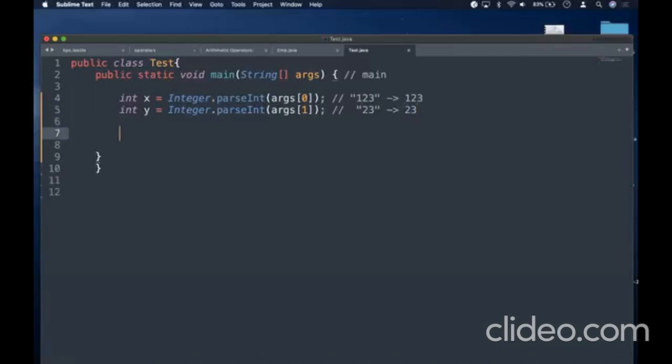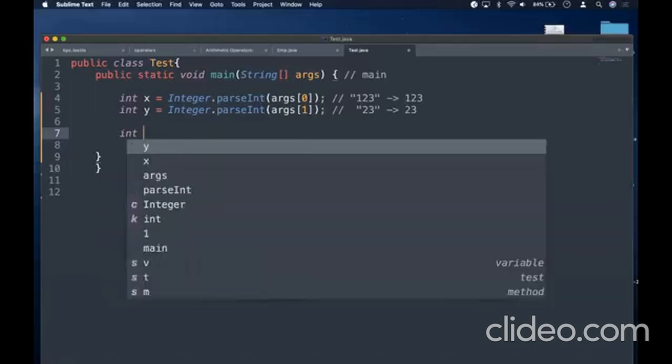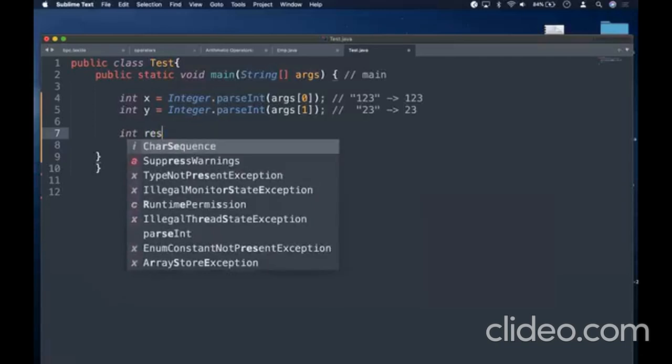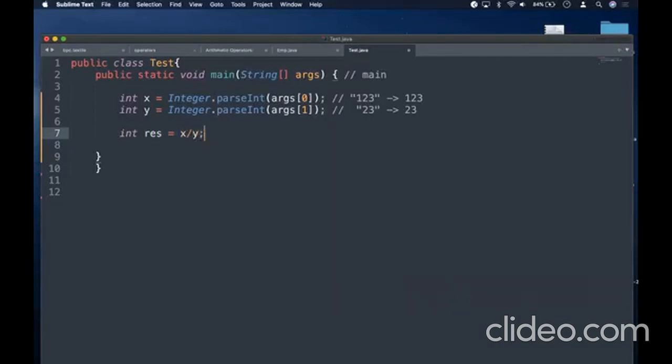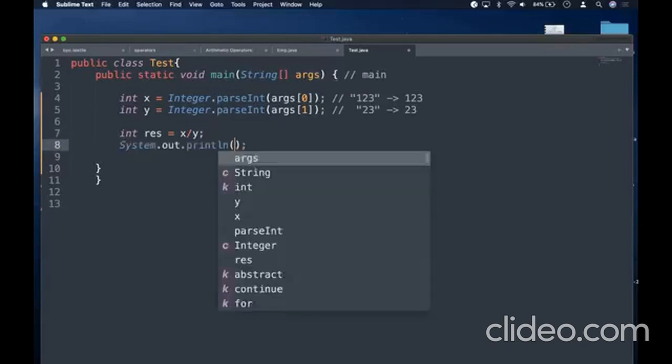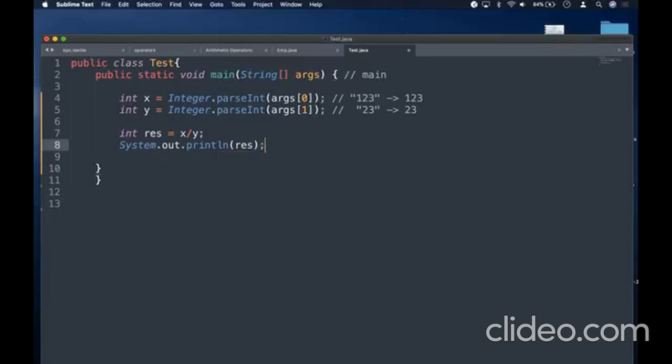Now I just want to do some division and modulus. So if I say int result, this is my division result, x by y. And I just want to print this result.